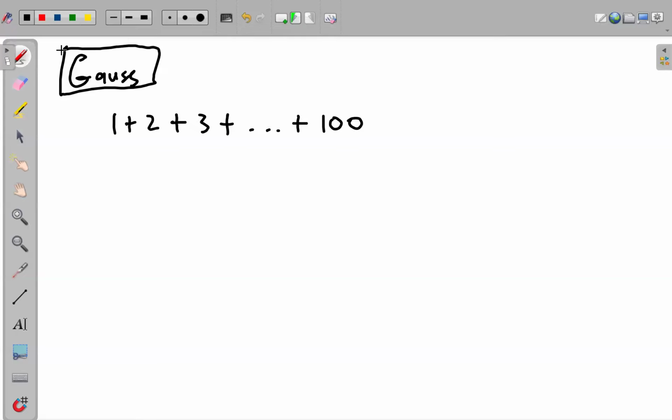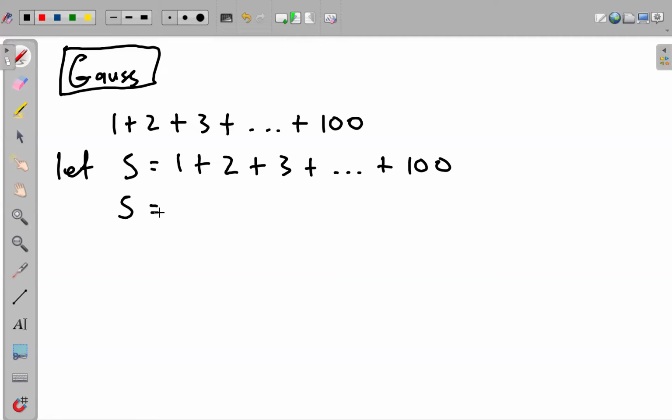So this is what Gauss said. Gauss said, well, let S be the sum. So letter S for sum. Let S be the sum of these natural numbers from 1 up to 100. Then he said, well, I'm going to rewrite S as follows, 100 backwards.